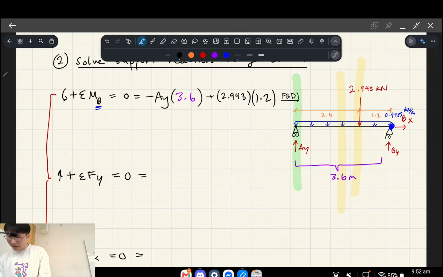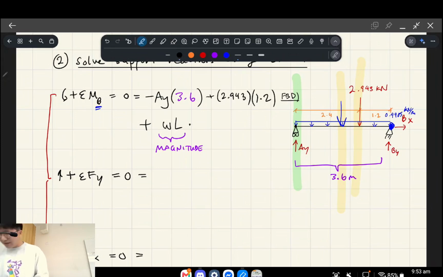So, what we're going to do is, because that equivalent point load is going to be pointing downwards, right? It's also going to produce a counterclockwise spin about point B. So we're going to do positive, sorry, not BY, what am I doing? Positive, we're going to do WL, right? So that is the magnitude of the force that's pointing downwards.